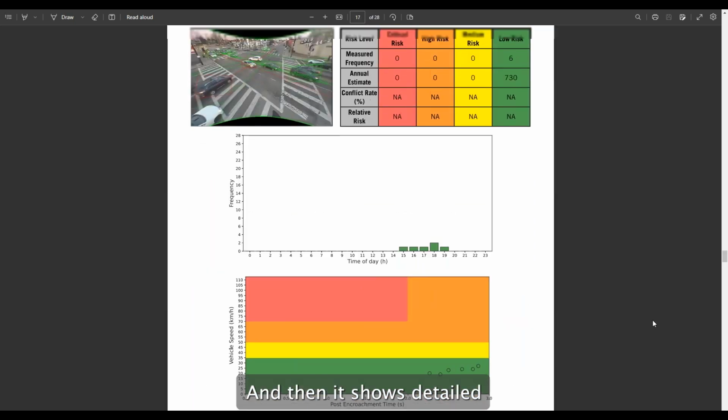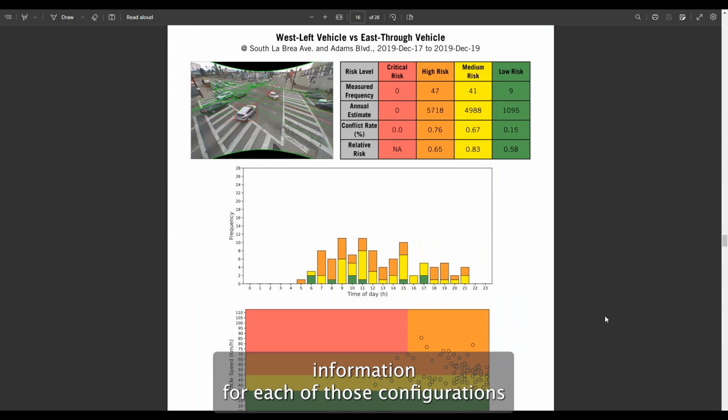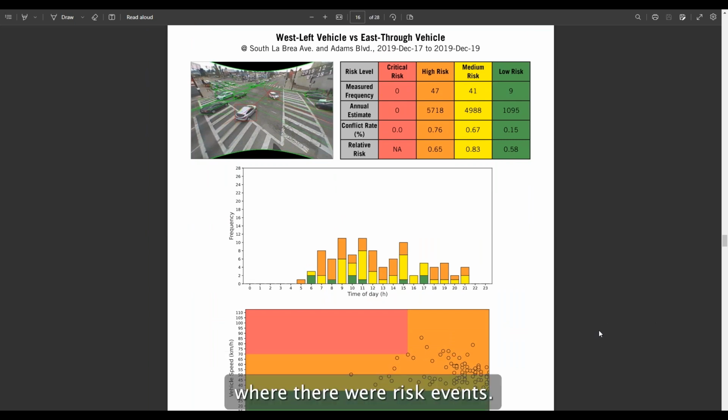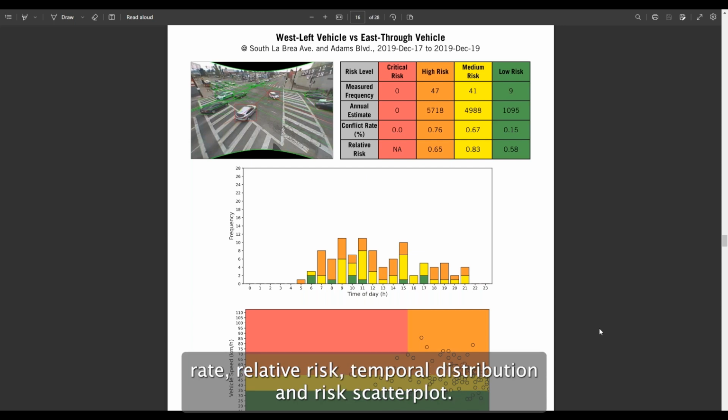Then it shows detailed information for each of those configurations where there were risk events. The detailed information includes the frequency, annual estimate, conflict rate, relative risk, temporal distribution, and risk scatter plot.